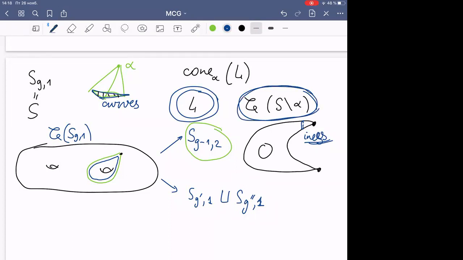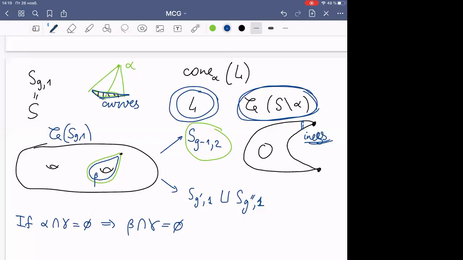And look, let this curve be beta. This curve beta is disjoint from any curve which is disjoint from alpha. So if alpha is disjoint from some simple closed curve gamma, then beta is also disjoint from gamma. The matter is just that beta lies in an arbitrarily small neighborhood of alpha.